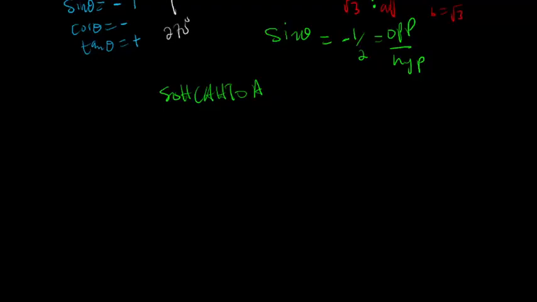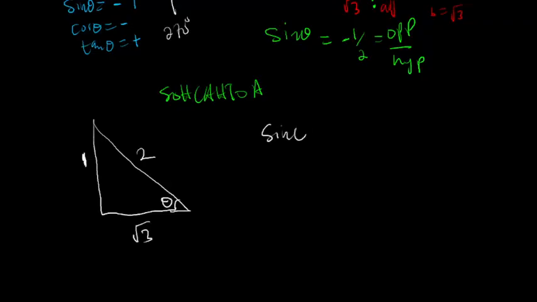So we just write what we got. We have 1 here, and we have 2 here, and we have root 3 here. Now don't forget, according to the question, sine theta is minus 1 over 2.